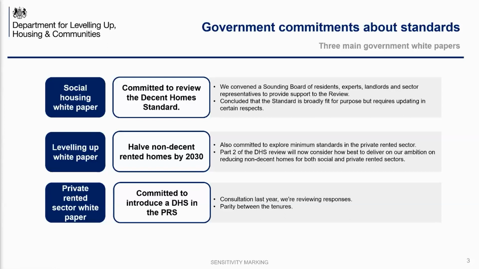What the Levelling Up white paper also did was said we're going to explore how we actually look at the private rented sector as well as the social rented sector. I know we're talking about social housing here, but we're very interested in private housing. The private rented sector is larger than the social rented sector now, and there are disparities across the two. So the second part of our Decent Home Standard review, which we're going to start again this year, is going to consider how best to reduce the number of non-decent properties across both private and social sector.